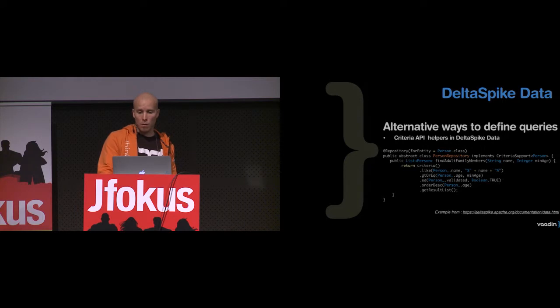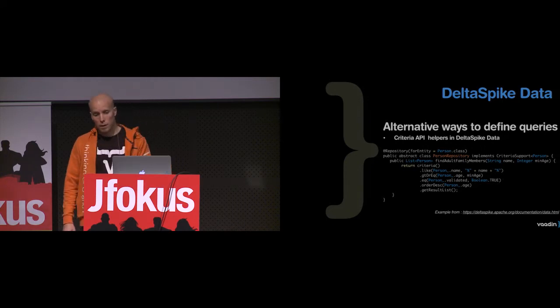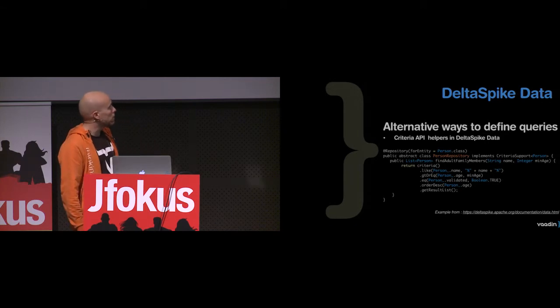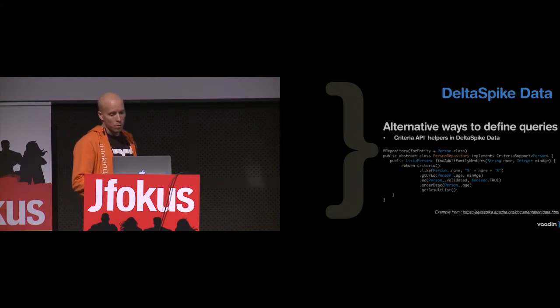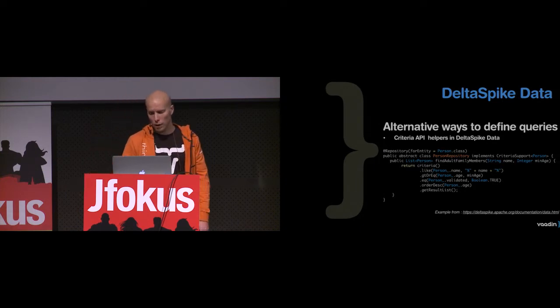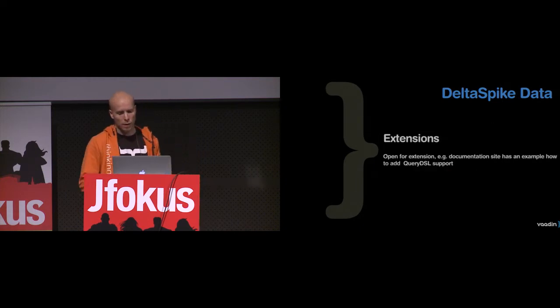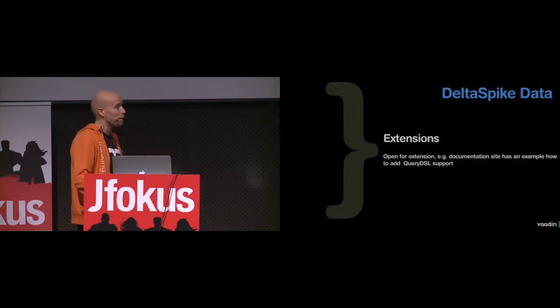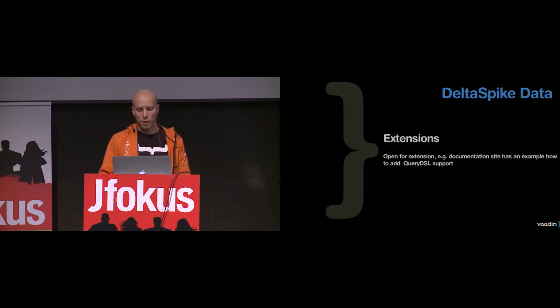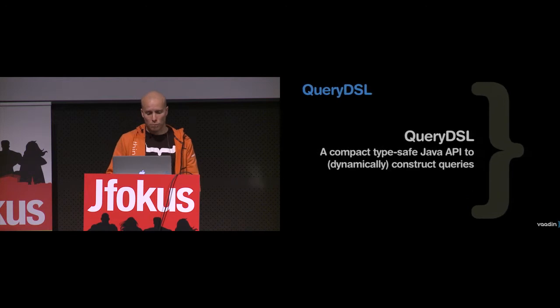And DeltaSpike Data also has this kind of a criteria API helper. It makes criteria queries a bit better, but I have actually never used this myself. With Spring Data, I have been using QueryDSL, and that's actually the thing that I'm suggesting to use if you want to have dynamically built queries. Then you should use QueryDSL, and we'll talk about that next.